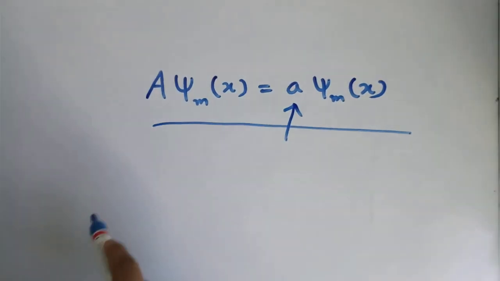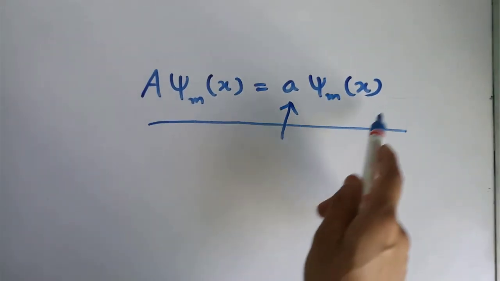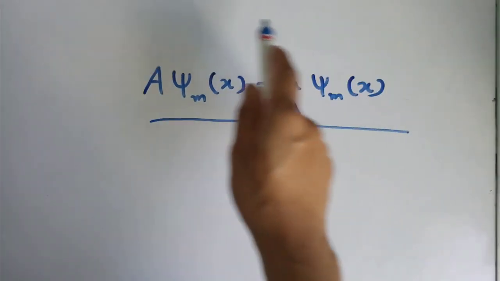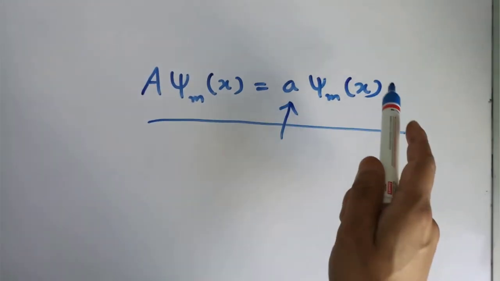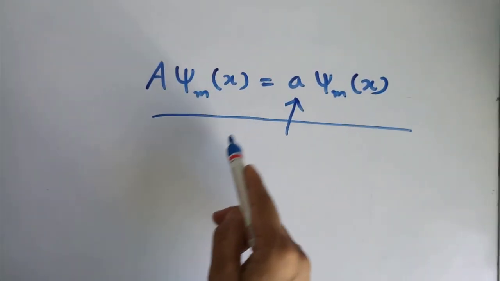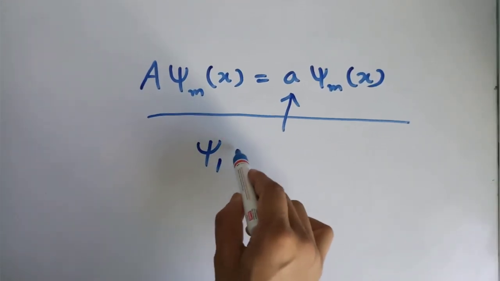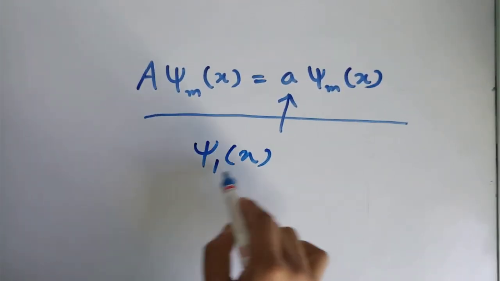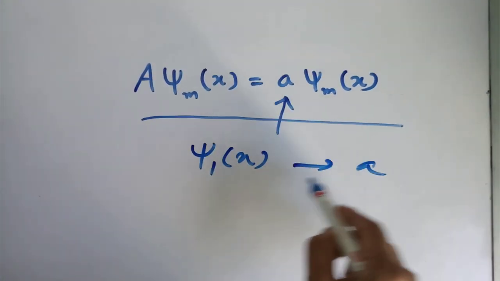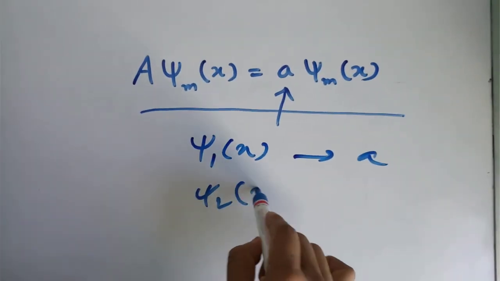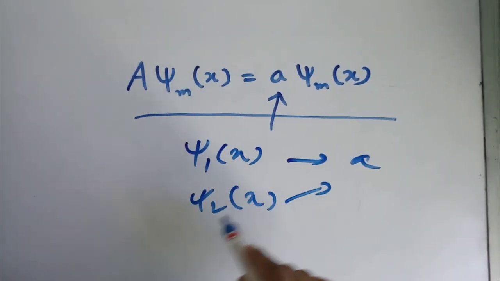In that case, the equation is called a degenerate equation. Degenerate means you have this kind of function psi 1, and your eigenvalue will be a. For psi 2, your eigenvalue will be a.